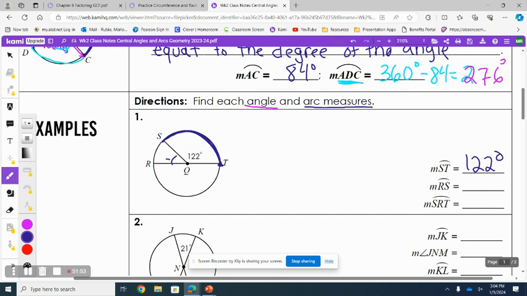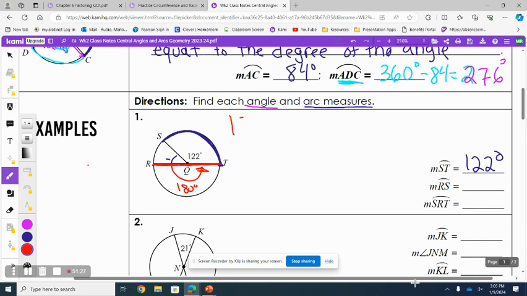If this is 122, how much is this little piece right here? Where did you get 21 from? Okay. No. This is a straight line. It's a diameter. It cuts right through the center. So what's the degrees of a straight line? 180. Okay. If that's 180, then this is 180 minus 122.